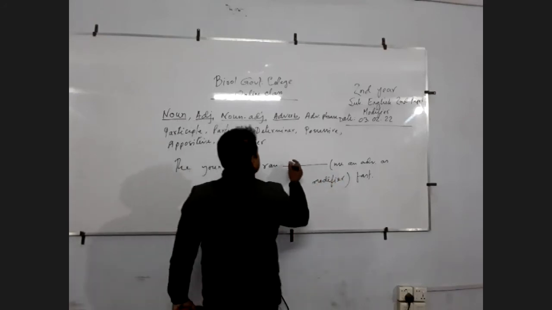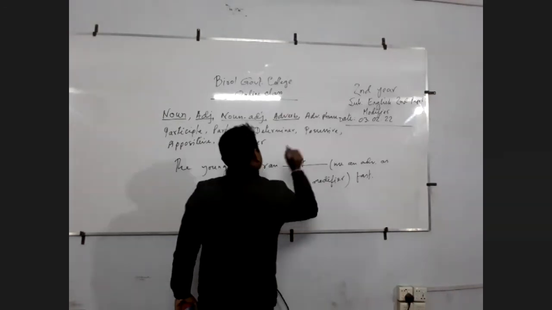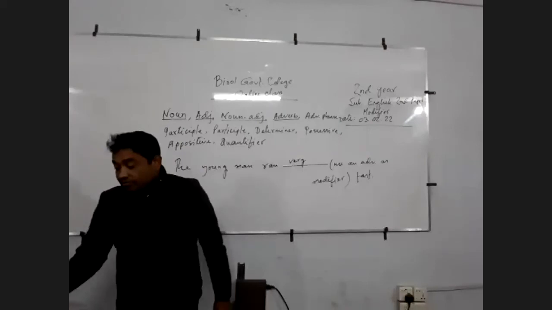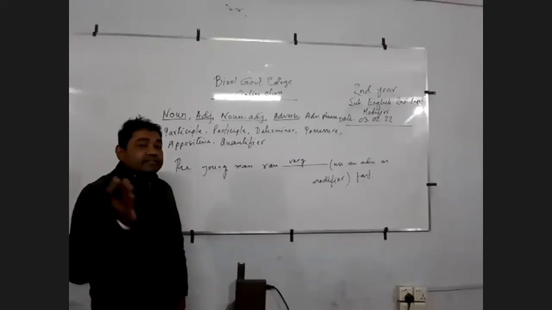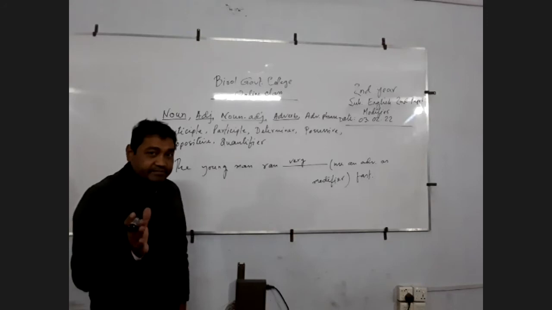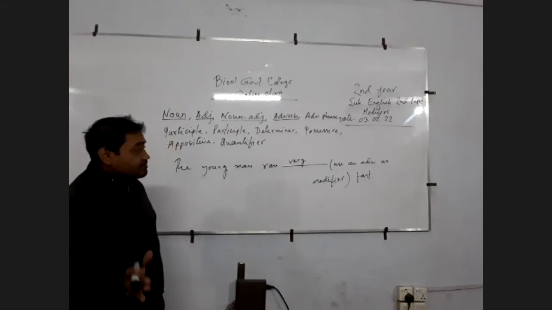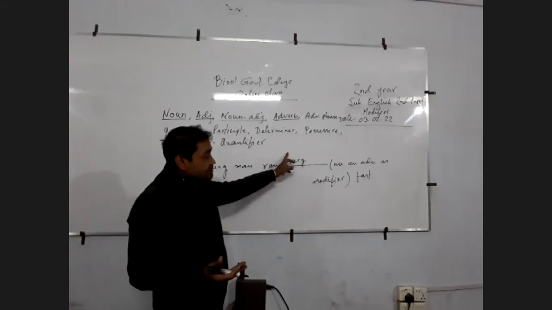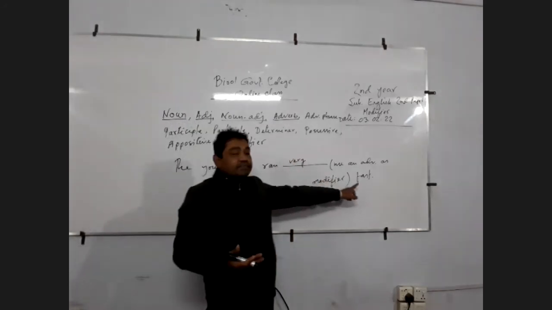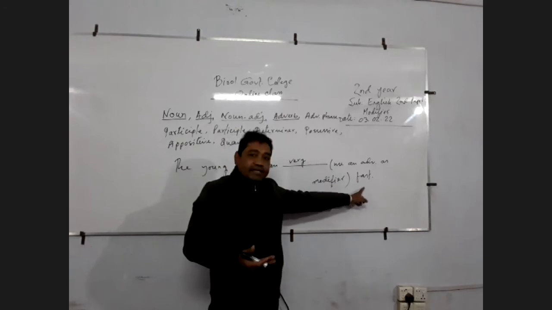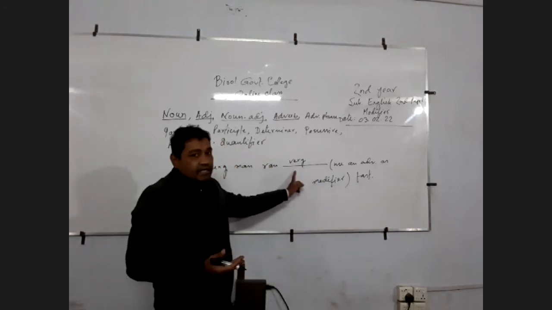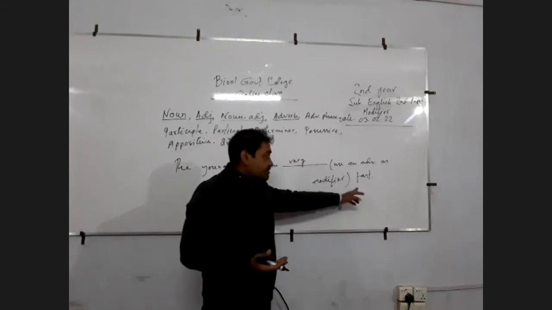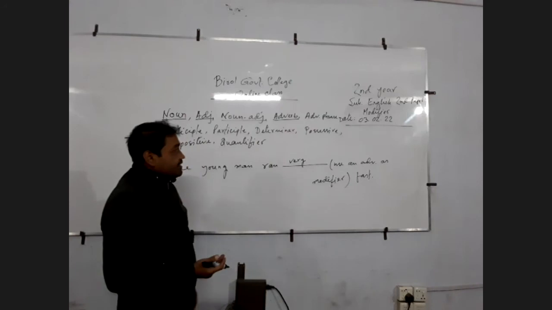So easily you can write here very. And you know what an adverb is? Adverb always modifies an adjective, a verb, and another adverb. So very is an adverb. Here it has modified fast. You know, fast is an adverb, very is another adverb. So very, an adverb, has modified another adverb: very fast.